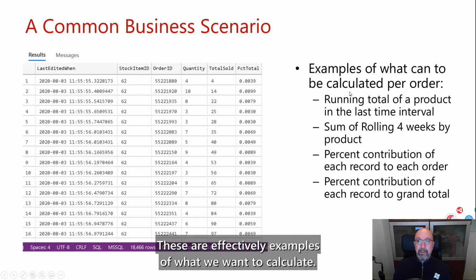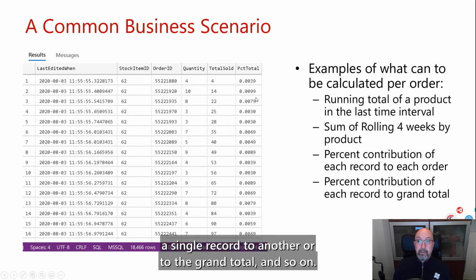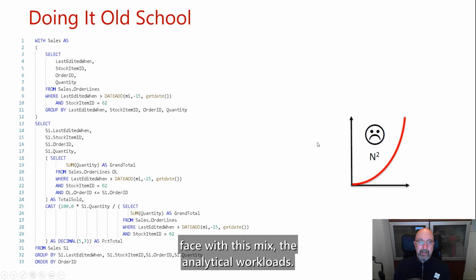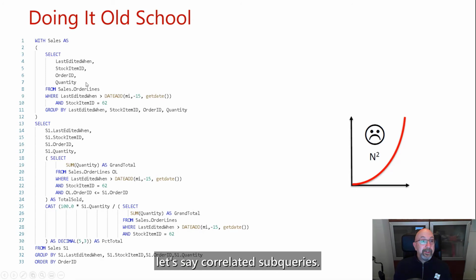So these are examples of what we want to calculate, for example, per order. We would like to see, for example, the sum of the rolling 4 weeks by product, the percent of contribution for a single record to another, or to the grand total, and so on. Those are typical problems that we need to face with this kind of mixed analytical workload. Traditionally, we solved this through correlated subqueries.